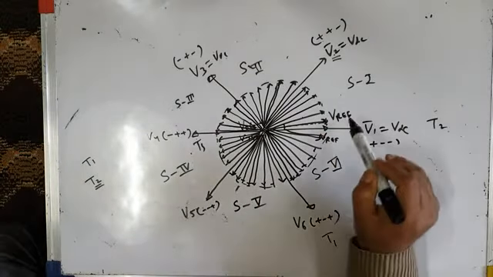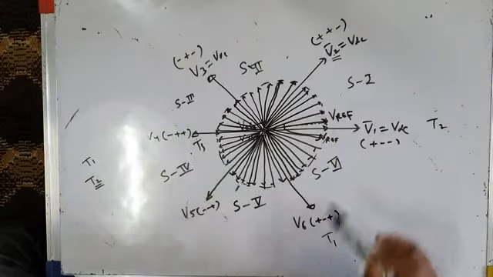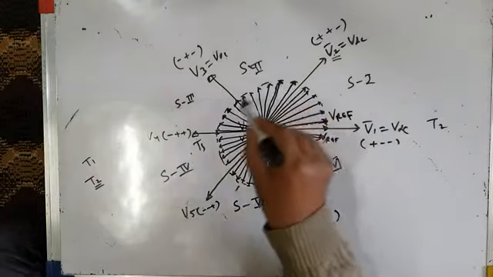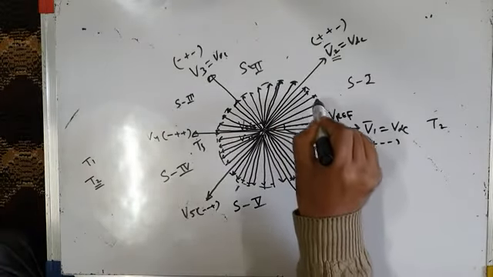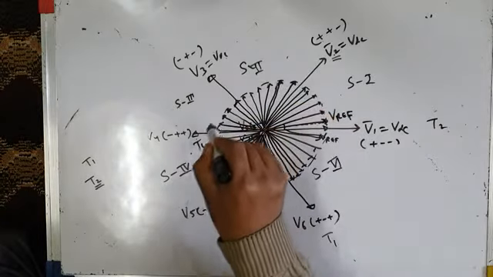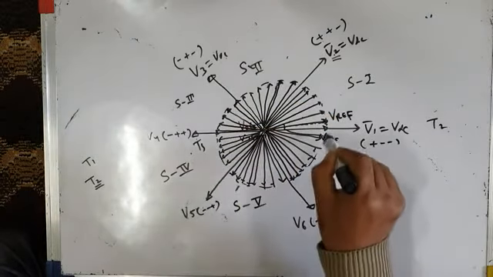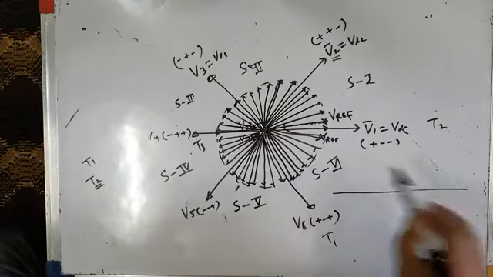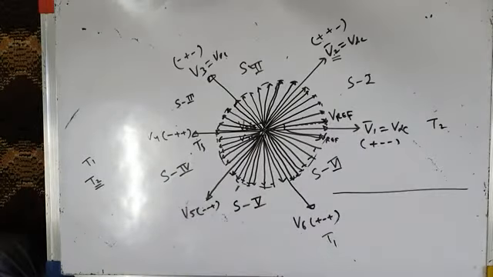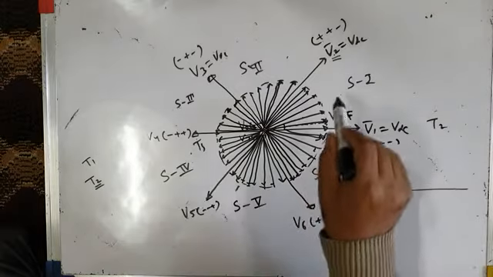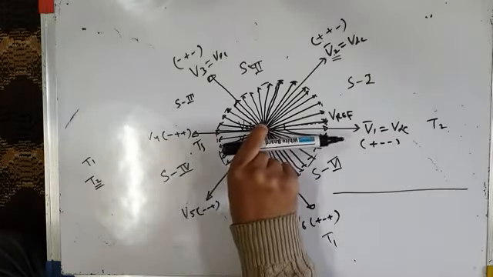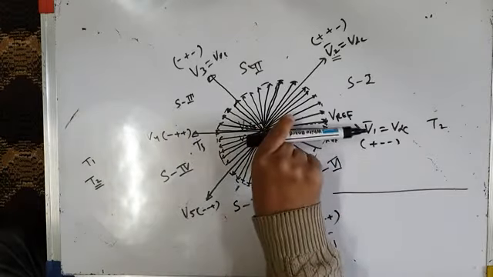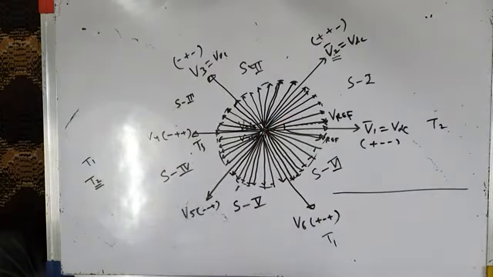So this is how you actually produce a rotating reference vector. This rotating reference vector starts rotating from here, revolves in the counterclockwise direction in a circular path and comes back. It completes one cycle, and this reference voltage vector V reference is actually created in each sector by time averaging of the corresponding voltage space vectors.